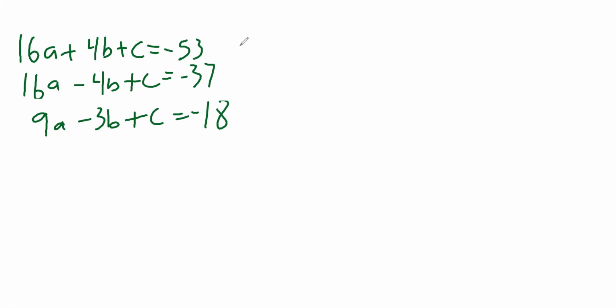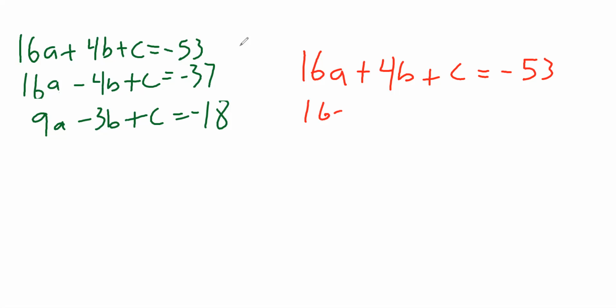So I'm going to take the first equation, 16a plus 4b plus c equals negative 53. Take the second equation, 16a minus 4b plus c equals negative 37. And you can either say you're subtracting the second equation from the first equation, or you can say you're adding -1 times that second equation. It's the same thing.